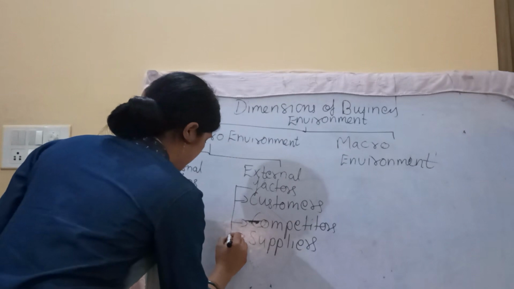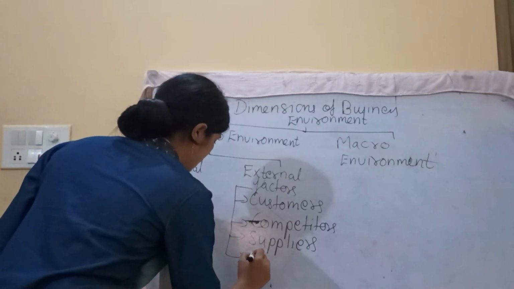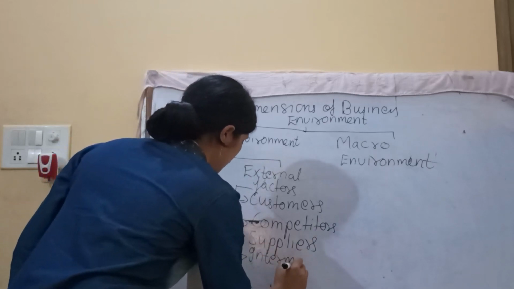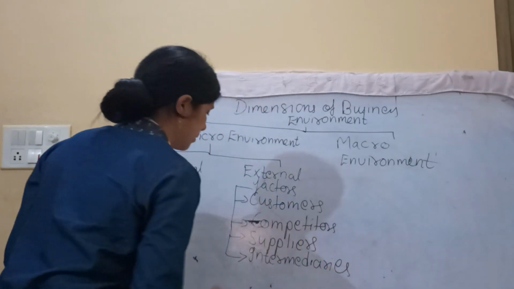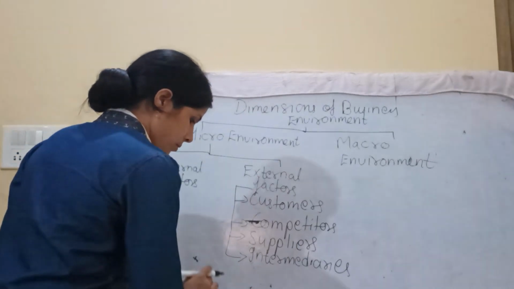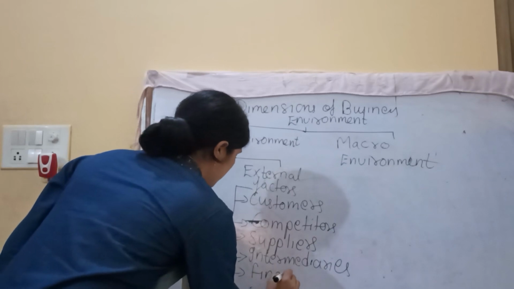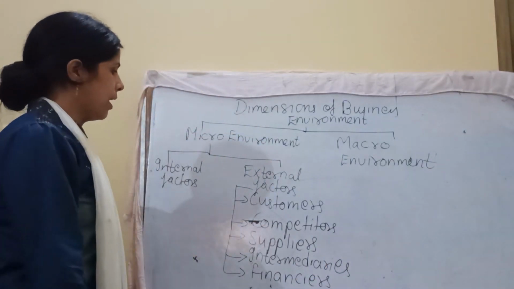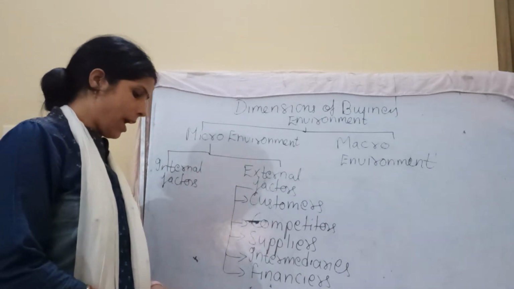Then intermediaries. Then we have financials. These are the external factors of micro business environment.